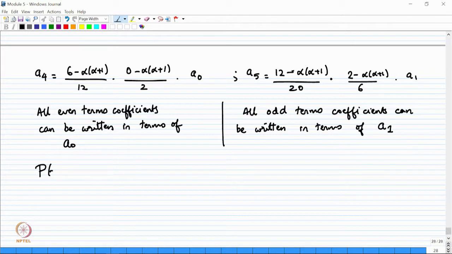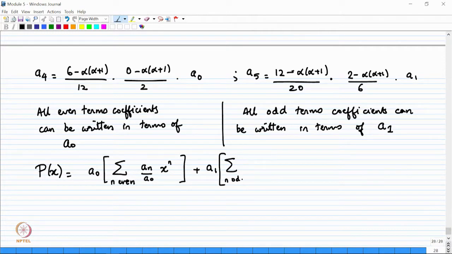P of x looks like this: a_0 times the sum over only the even terms, n even, of (a_n by a_0) x raised to n, plus a_1 times the sum over n odd of (a_n by a_1) x raised to n.